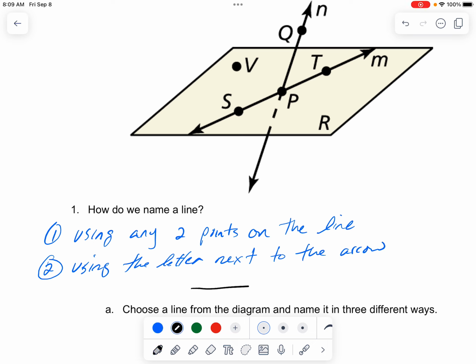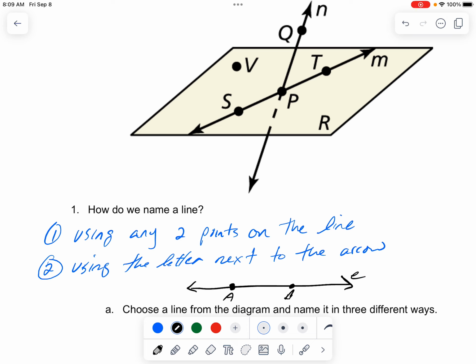If I had this line here, and on this line are, just say, points A and B, and there's a little letter down here. Let's say that letter down here is E.